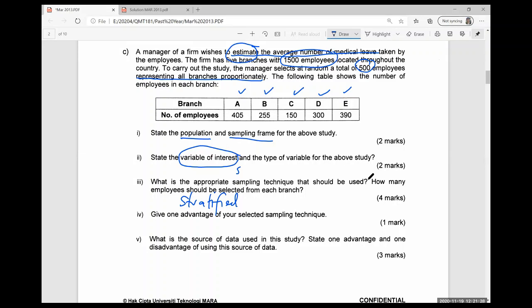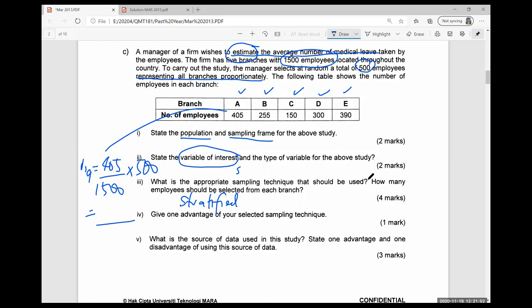So for example, for A, you have NA, so this will be 405 divided by 1,500 and then multiplied by the number of sample units, that is 500. So this gives you the number of samples needed from each of the branches.